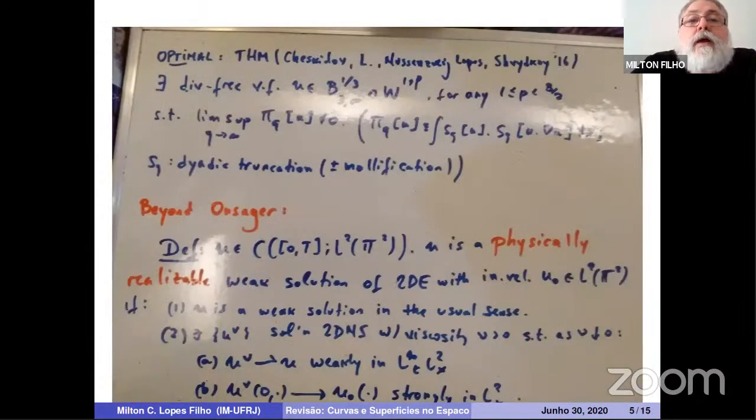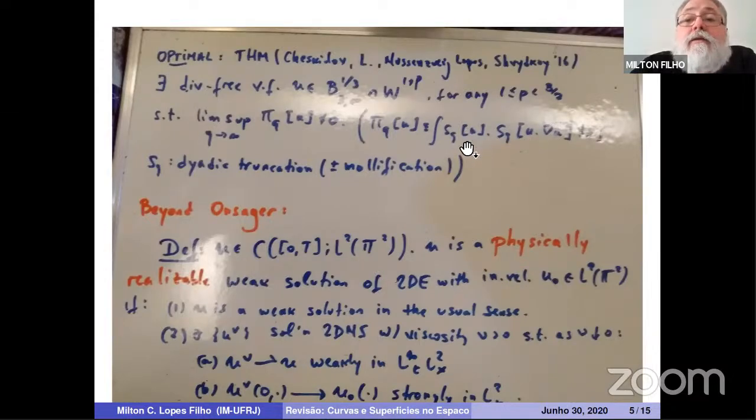So the first observation, before going beyond Onsager, going Onsager supercritical, is just to say that this result in some sense is optimal. This is an example that we constructed in a paper in 2016. We say that there exists a divergence free vector field u in B^{1/3}_{3,\infty} intersection W^{1,p}, for any p between 1 and 3/2, such that the limsup of what I'm calling pi_q(x), defined as S_q of u dot S_q of u dot grad u.